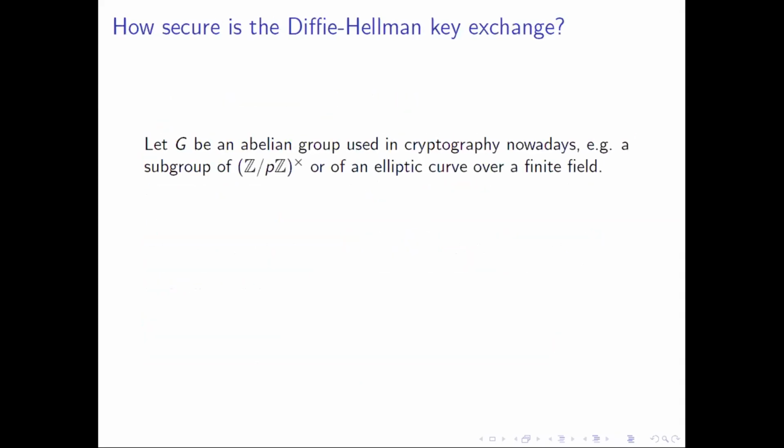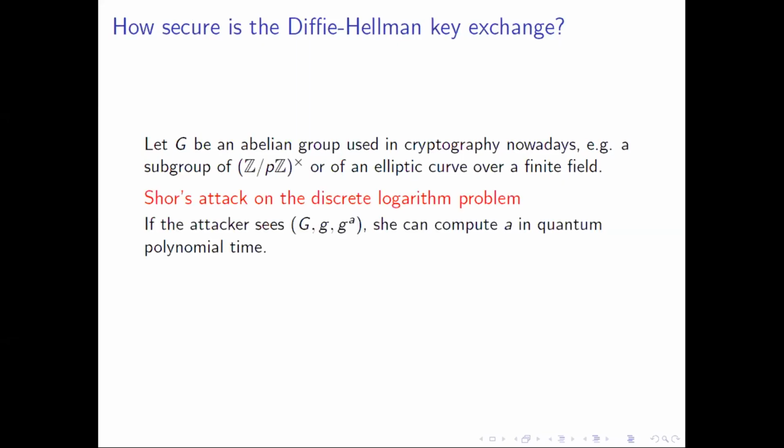Okay. Now we have this Diffie-Hellman exchange and all these assumptions, and the question is how secure this exchange actually is. The disappointing news is that if you take a group that is used in cryptography nowadays, it's susceptible to an attack using a quantum computer.